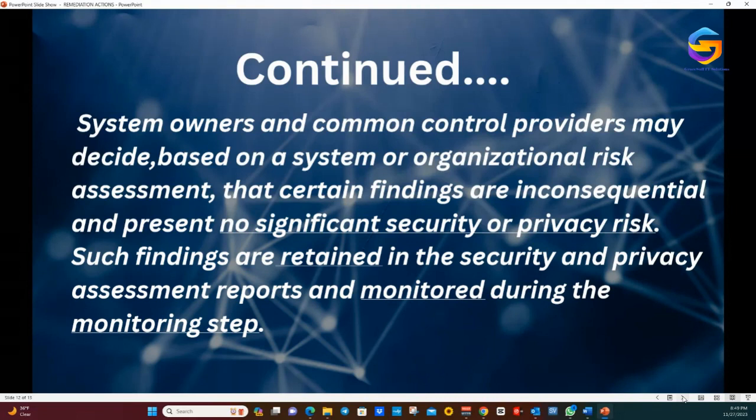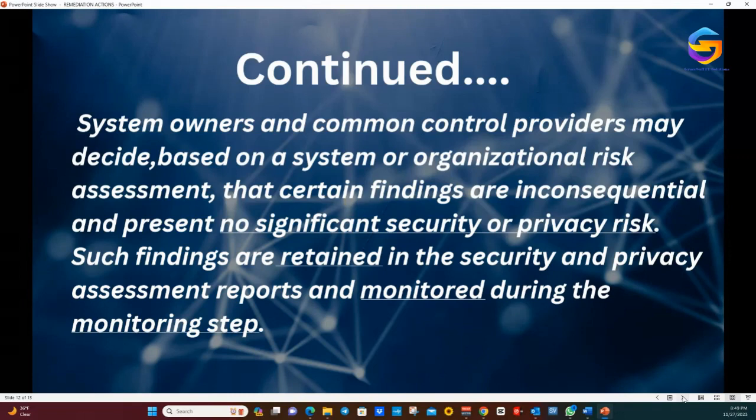You just do that. Then once that is taken, the control assessor goes back again to reassess it to make sure that it meets the standards, it meets the requirement so far as the security posture of the system is concerned. So when the assessor goes back and reassesses it, and it's okay, they just check it that is done.